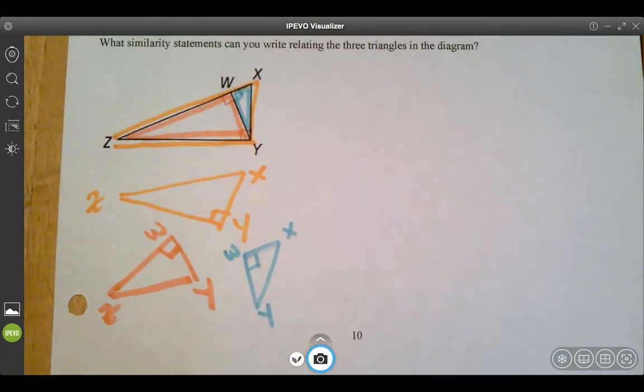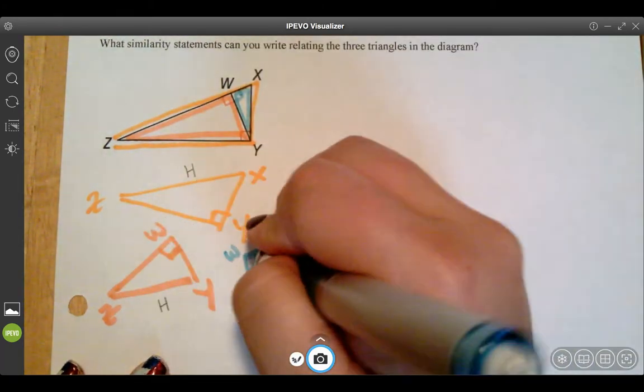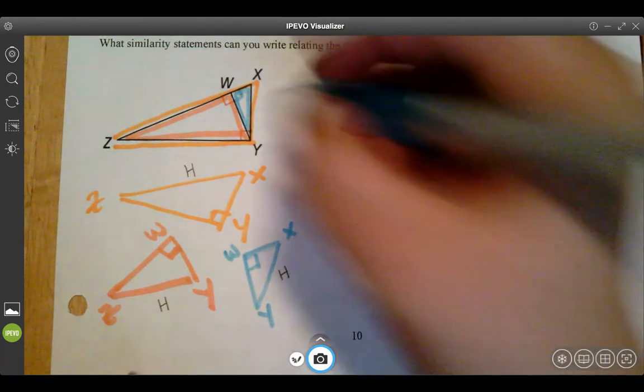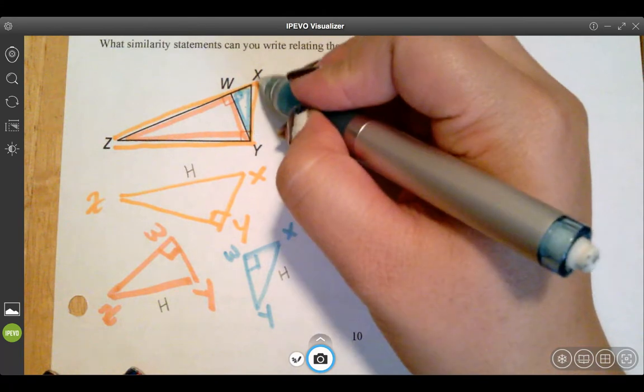And then I'll go in and I'll label. Here's the hypotenuse. That should be the most straightforward to label because it will always be across from the right angle. And then we have to say which leg is smaller or bigger. So the smaller triangle will always be on the smaller leg.